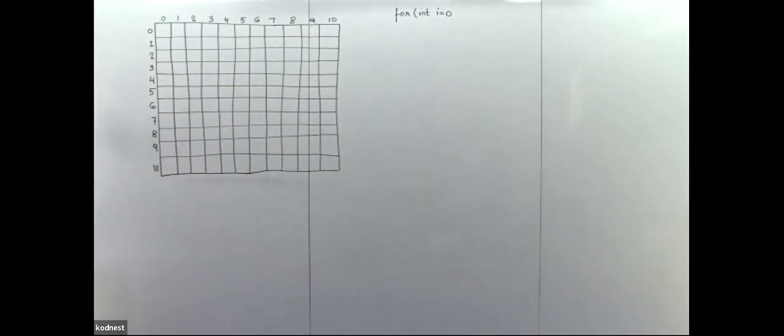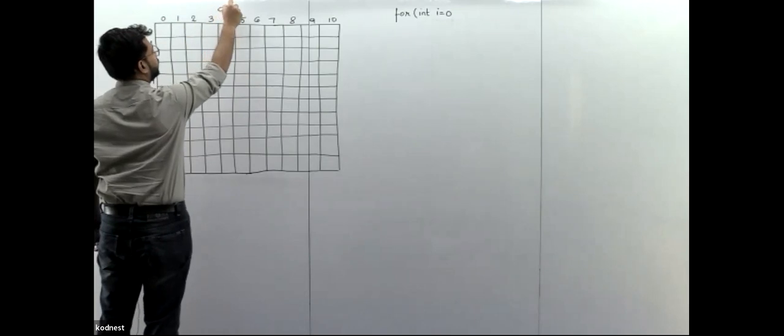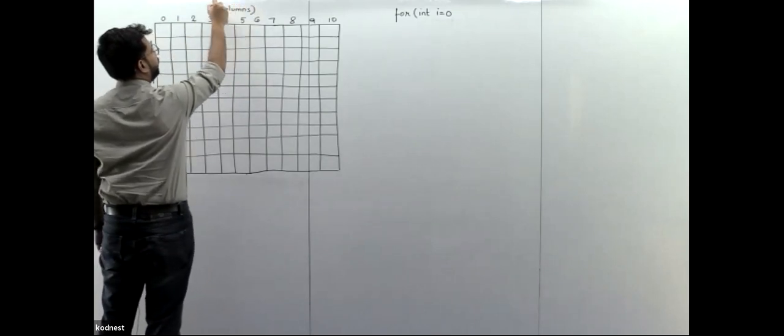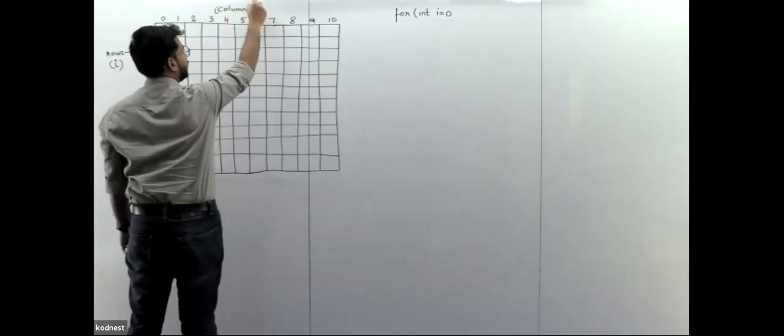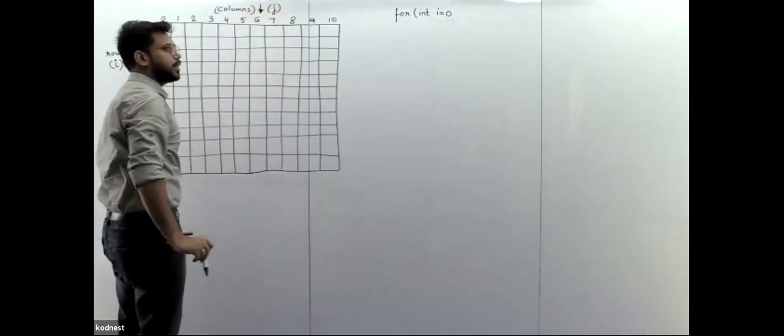In this entire thing, whatever rows are there, these are the rows like this, and for rows I am creating one variable that happens to be i. These are the columns, and for columns I am having one variable which is j.